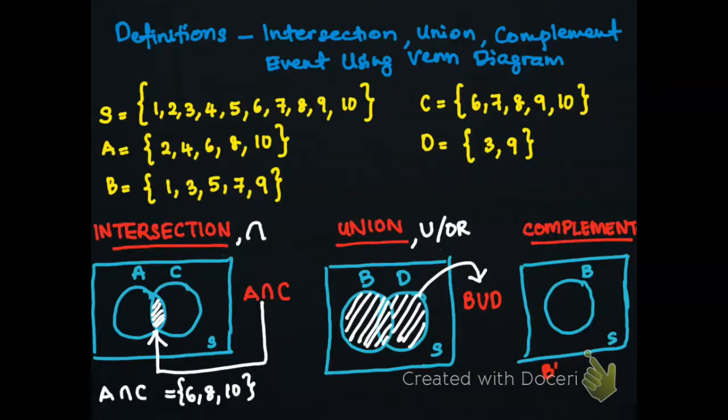Recall that the event B is the odd numbers, and the event D is 3 and 9, and both are odd numbers.